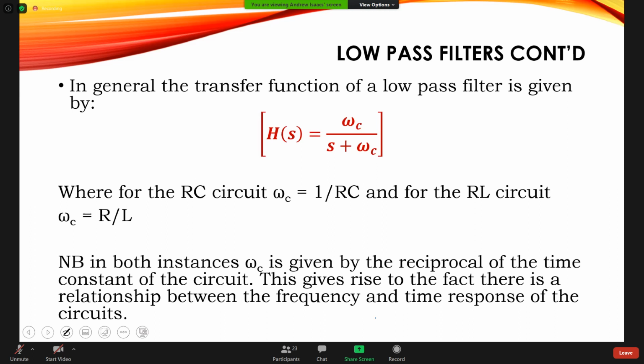And we have already made the point, but put it in note form: omega C, the reciprocal of the time constant for your circuit.